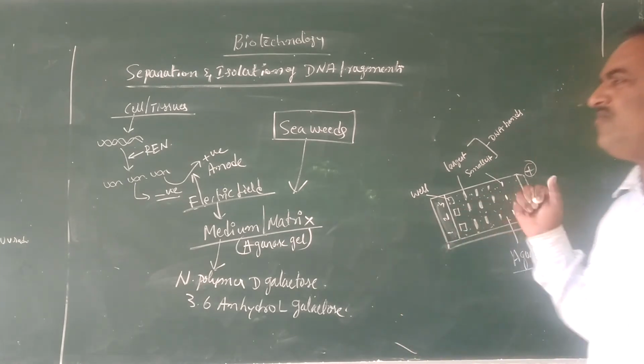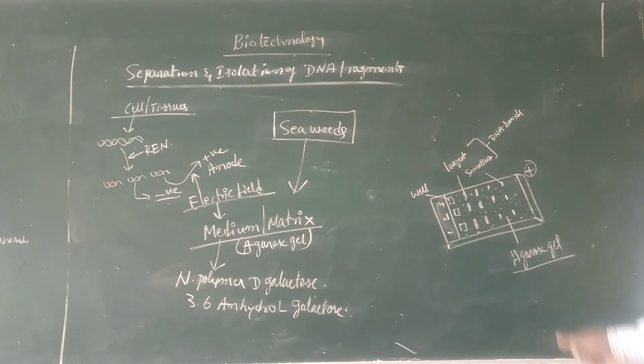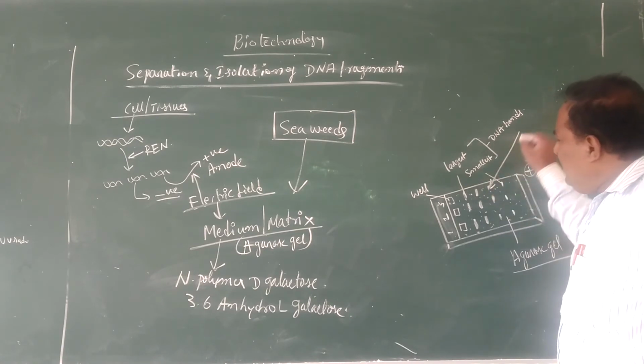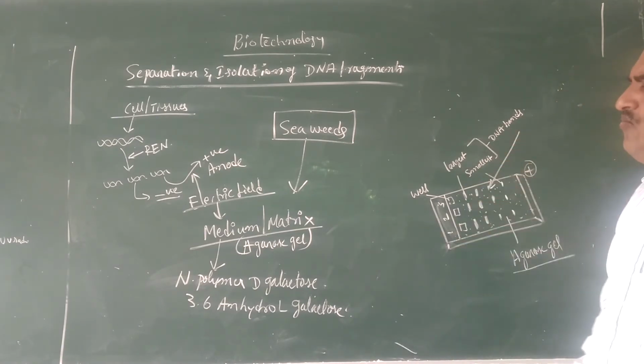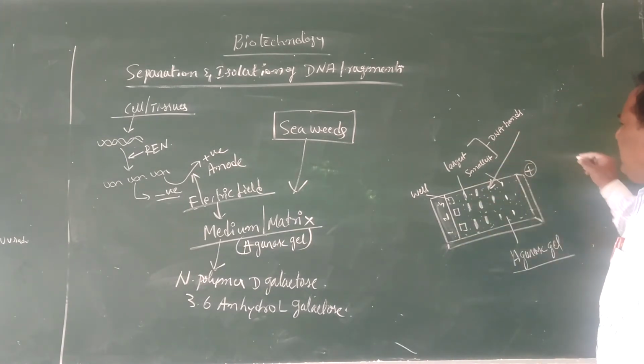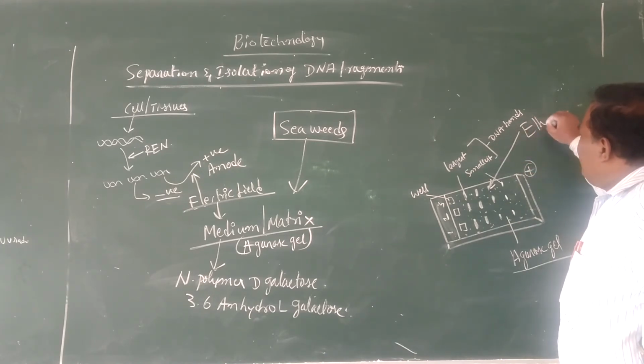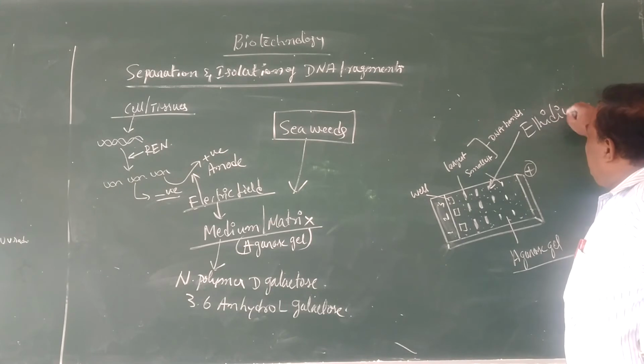Afterwards, the separated DNA bands are visualized by staining with ethidium bromide.